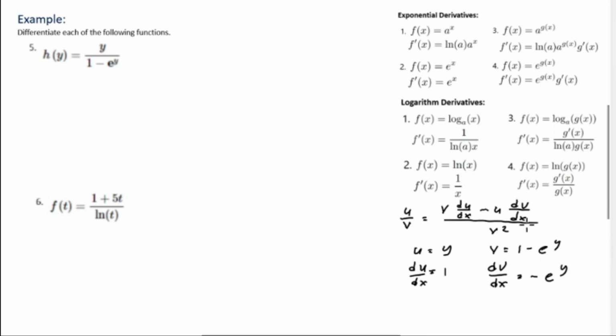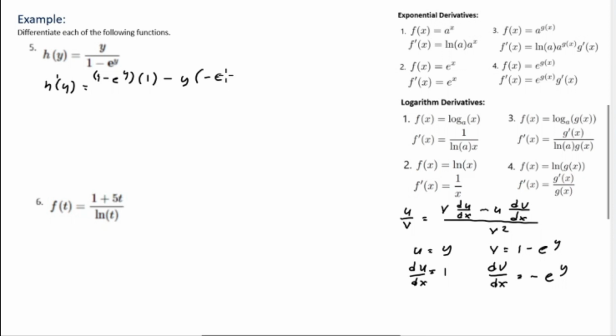And then we substitute based on the quotient rule. So h'(y) is equal to v, which is 1 minus e^y, multiplied by du/dx, which is 1, minus u, which is y, multiplied by dv/dx, which is negative e^y.